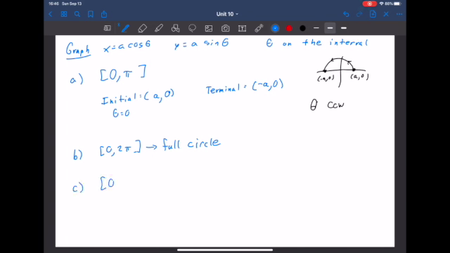And what about something like 0 to 4 pi? So here it won't suffice to use our terminal and initial point, but we would notice that we are going to get from 0 to 2 pi, our full circle, and then we go around again.